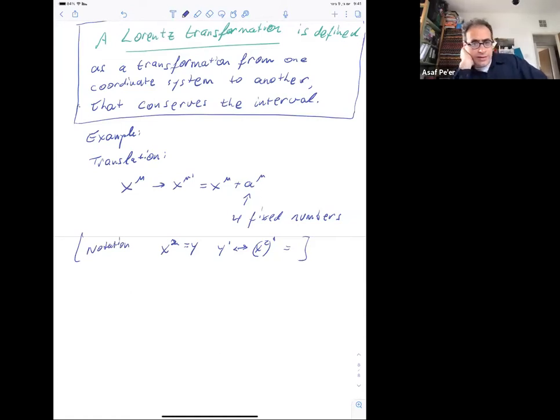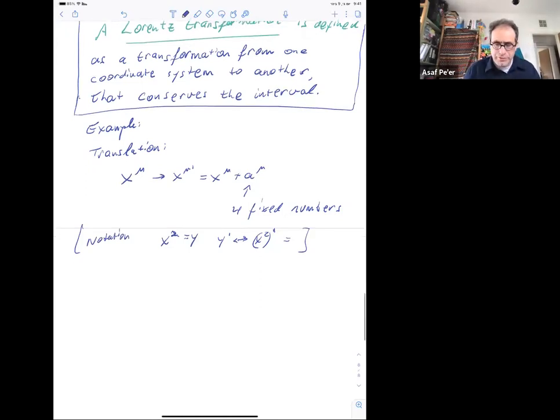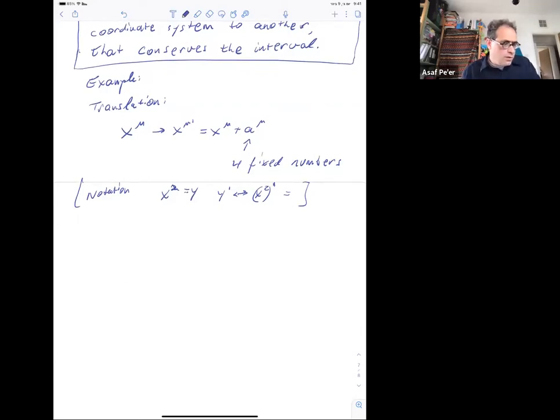Of course, the translation leaves the difference between the coordinates of each event unchanged. So delta x mu is unchanged, and it's a legitimate Lorentz transformation because the interval is unchanged. It's just a simple shift of the origin.